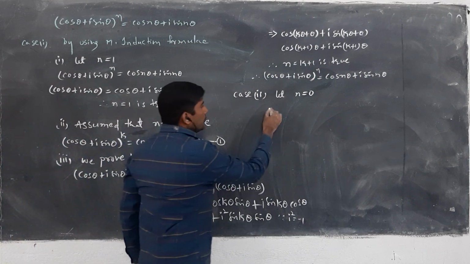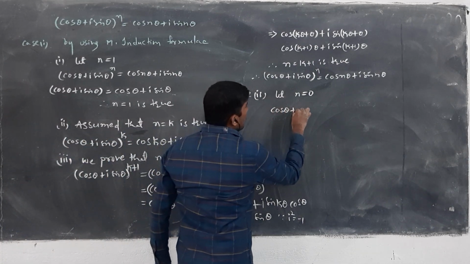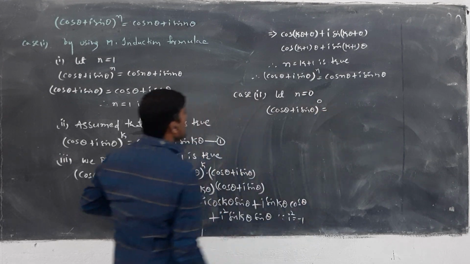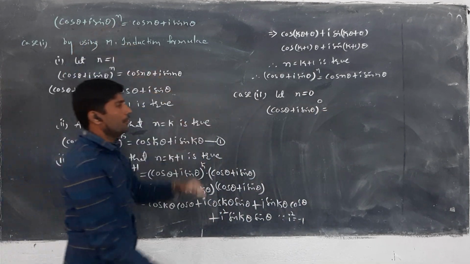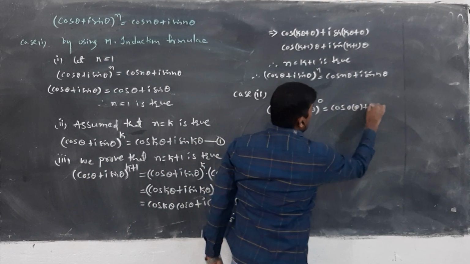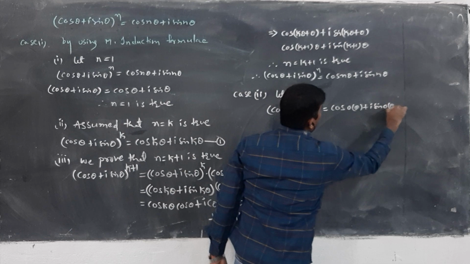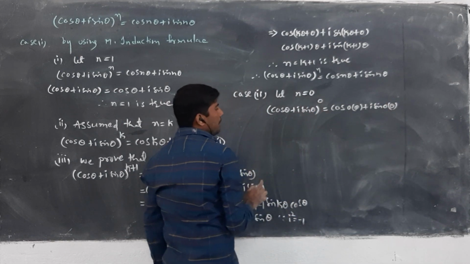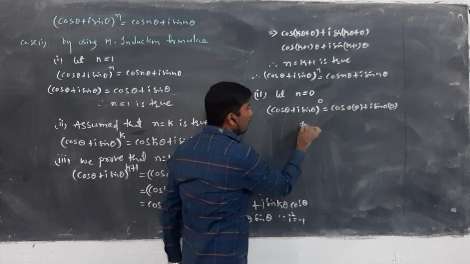So here (cos theta plus i sin theta) whole power of 0. Why? Because in place of n we have to substitute 0. Next, cos 0 into theta plus i sin 0 into theta. Something power of 0 is equal to 1.